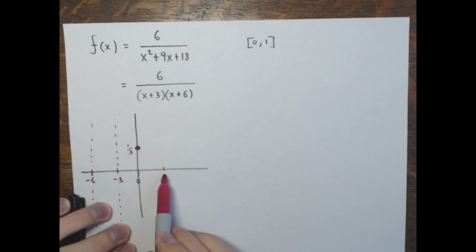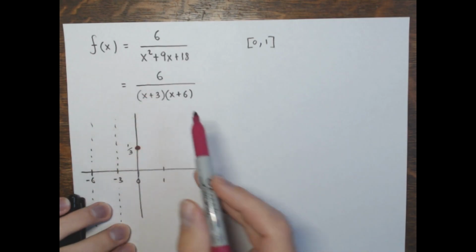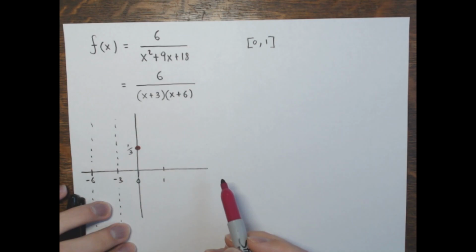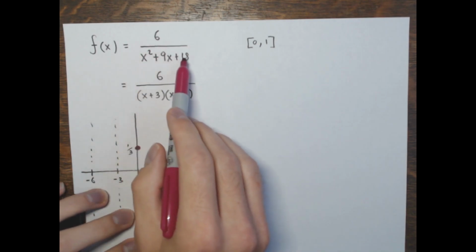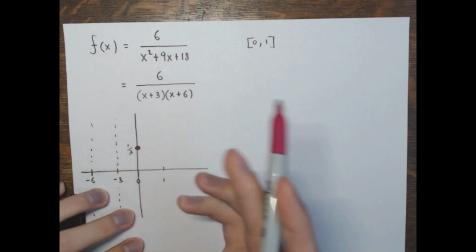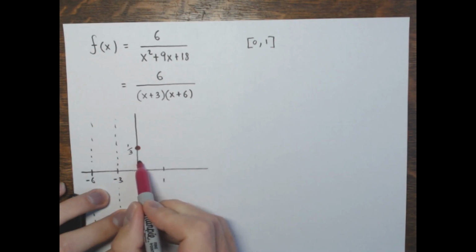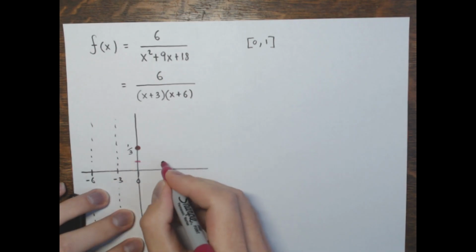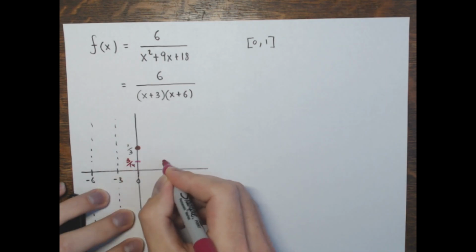And when x is 1, you get 6 over 4 times 7, which is 6/28, which would be less than a third. Because 6/18 is a third, and if you make the denominator bigger, 6/28, you make the number smaller. So 6/28, or 3/14, for the output there.